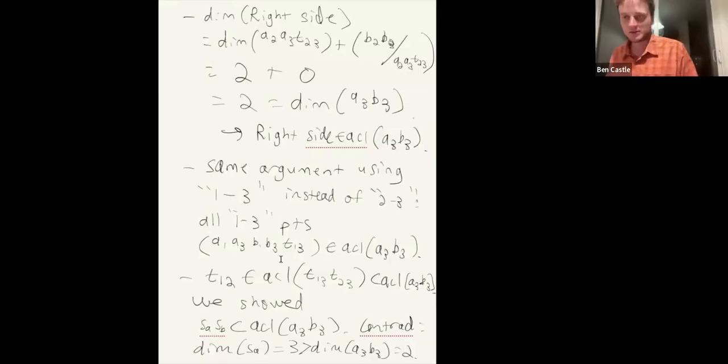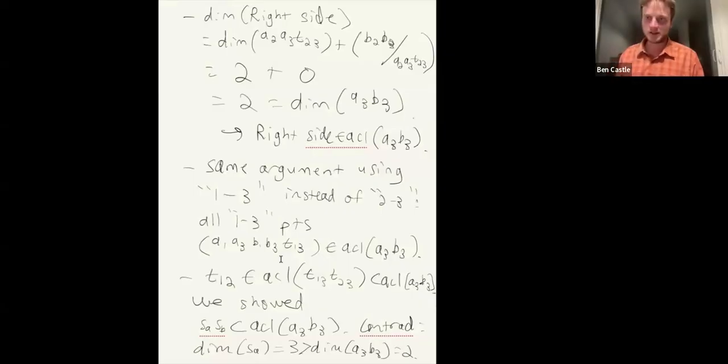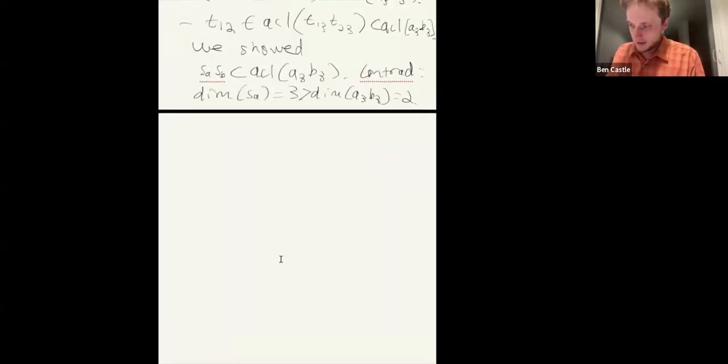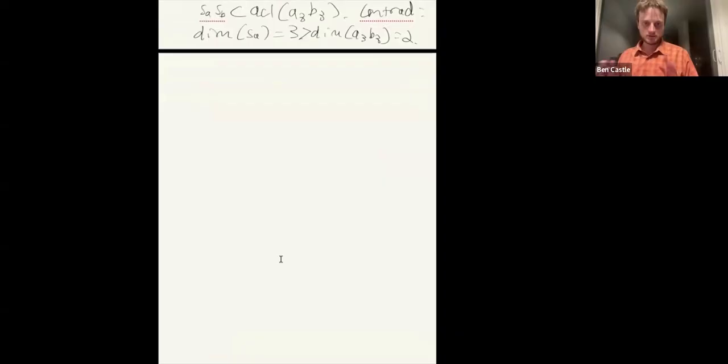So you still get that the various pieces have smaller than expected dimensions over A3 B3, and then you add them all up, and you get that the whole thing has dimension that's too small. Okay. Yeah, and like I said, I took this argument out of Pillay's geometric stability theory book, and he's doing it in the two-dimensional case. So what you're seeing here is his argument, adapted to the one-dimensional case. Okay. So now we can prove something.